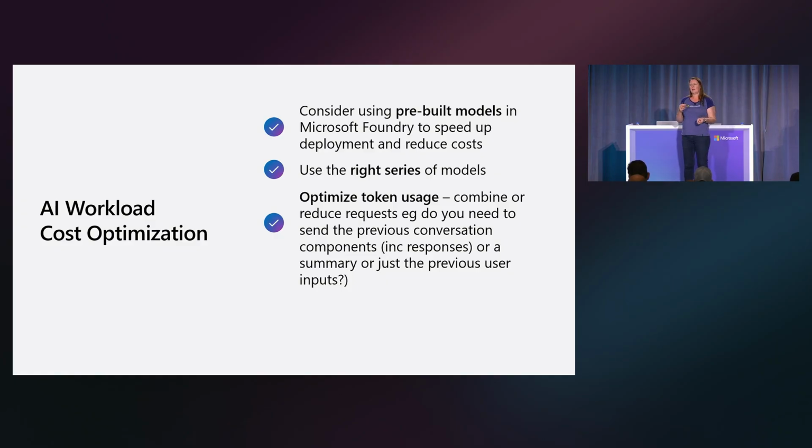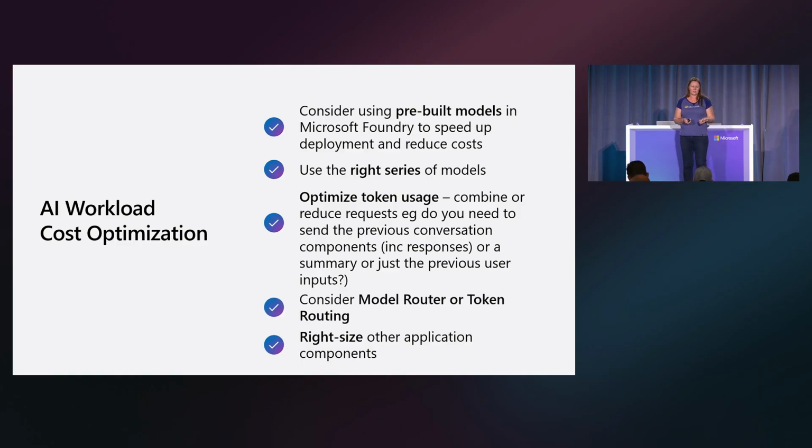Are they making sure that they're not sending the entire conversation every time with the input, and only sending the last couple of questions? How they handle those inputs from an AI perspective can impact your costs. Right-size your other application components. And consider model router and token routing, the two that have just been announced as well.